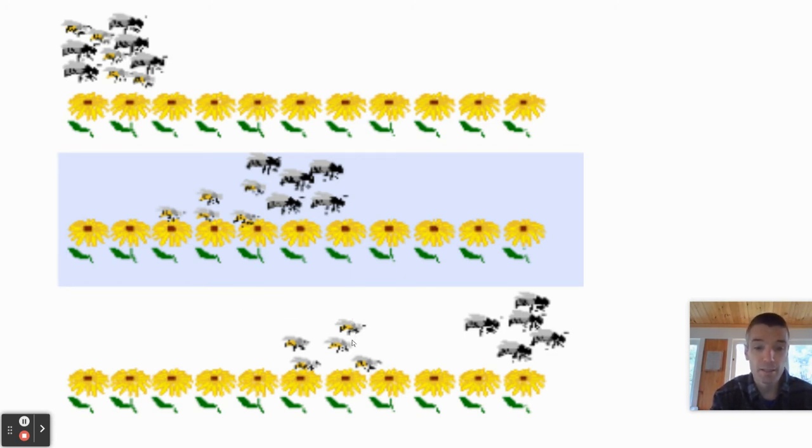The reason that the bees get separated from the hornets is the bees have a natural affinity to the flowers, just like molecules are going to have a natural affinity to different solvents and to different stationary phases, or they'll have a lack of an affinity and then they won't travel as far. And that's basically how chromatography works.